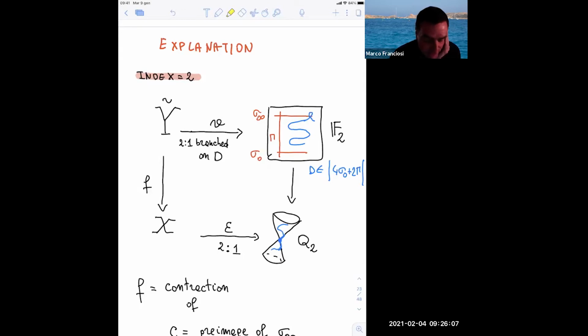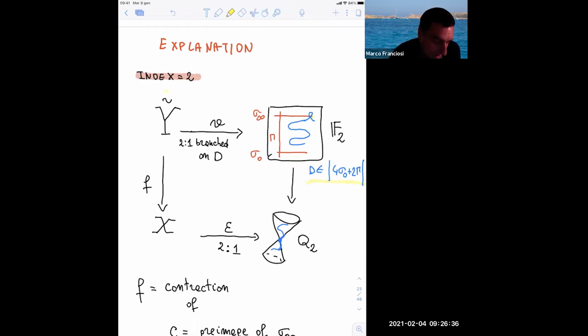We have sigma 0, the 0 section, and sigma infinity, the infinity section with self-intersection -2. And we consider a divisor D in the system 4 sigma 0 plus 2 gamma, and we consider a double covering branched over D. Here we may have some sort of singularity.